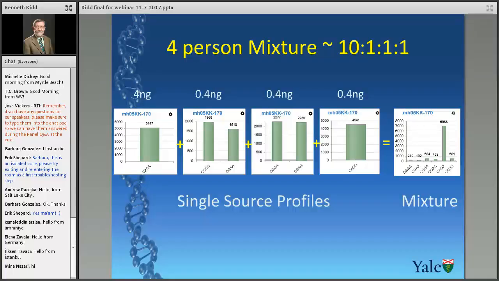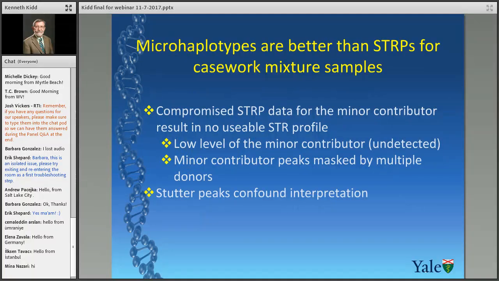But this is the nature of the mixture that was done, with 10 times more of the homozygous major contributor and a tenth of that for each of the single locus contributors, one of which was a homozygote. And that results in the mixture that was seen.